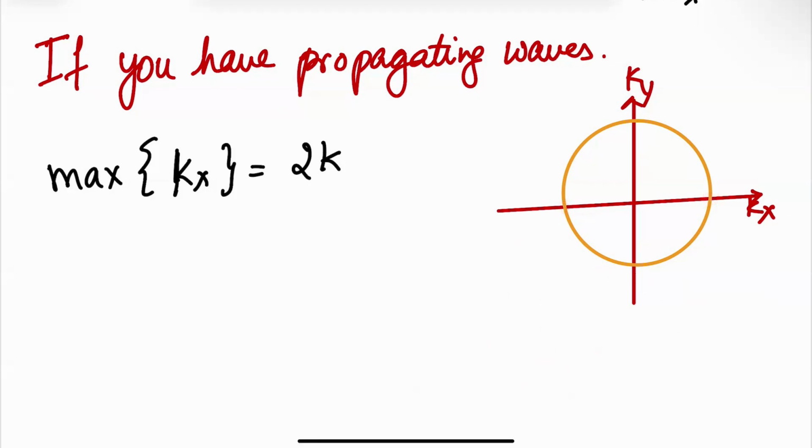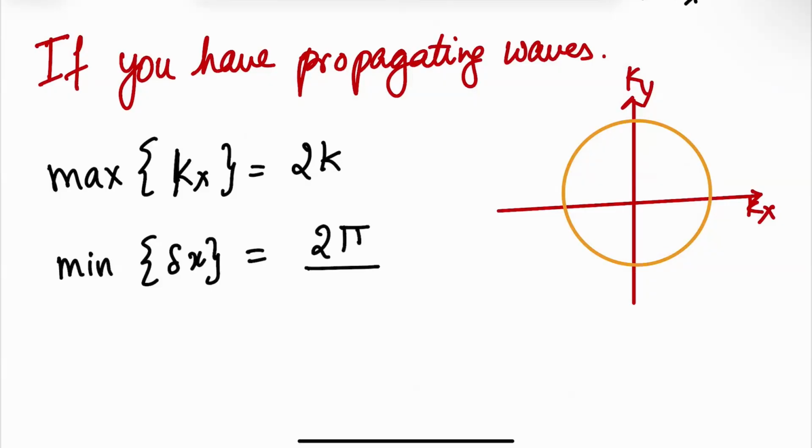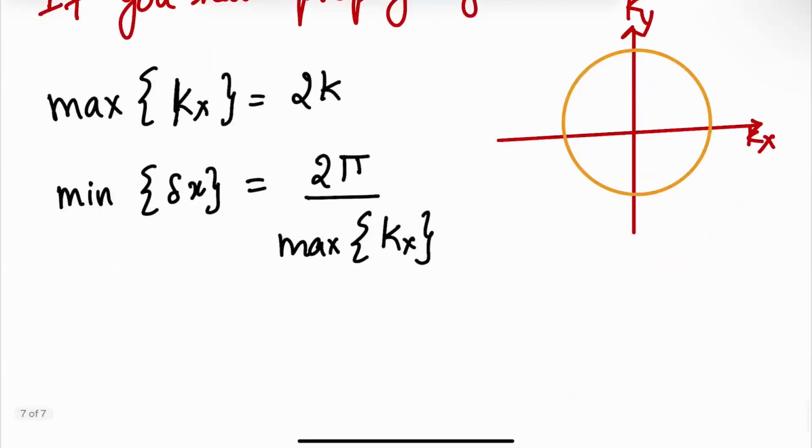Which means the smallest spot size, delta x min, is given by 2 pi divided by the maximum range of kx, right? Because kx times delta x is 2 pi. So when kx becomes maximum, delta x becomes minimum. So delta x min is 2 pi divided by 2k, and 2k is 4 pi by lambda. So that becomes lambda over 2.